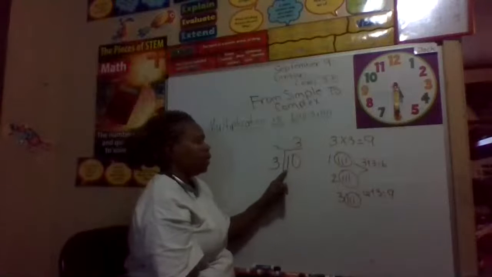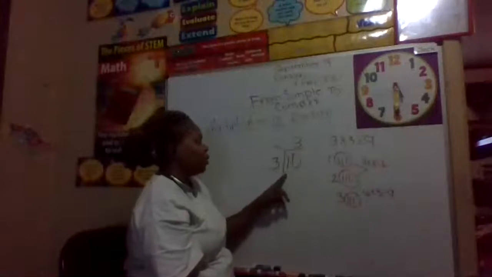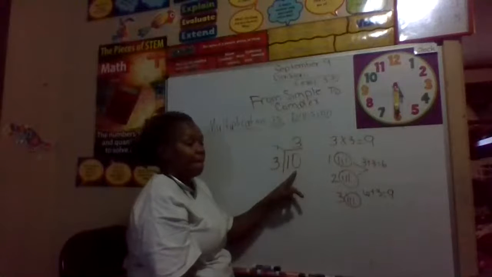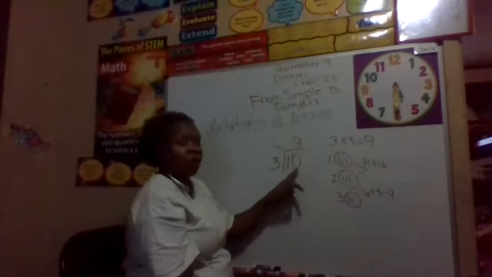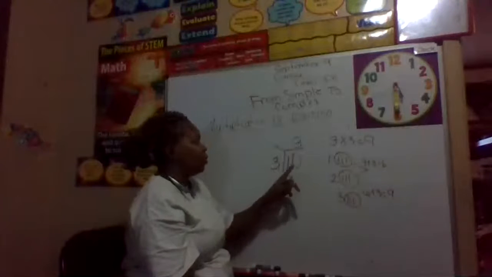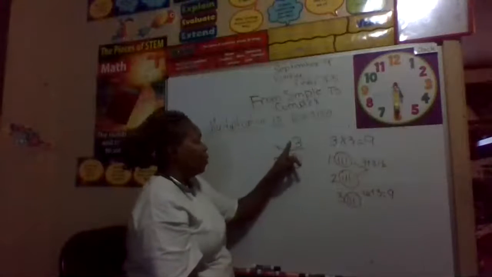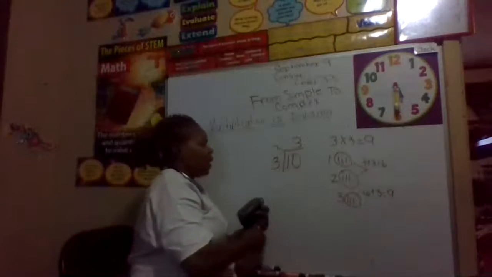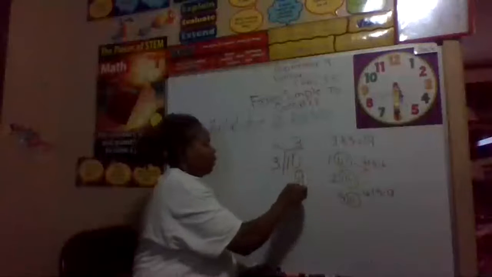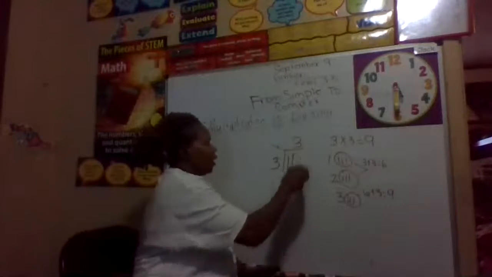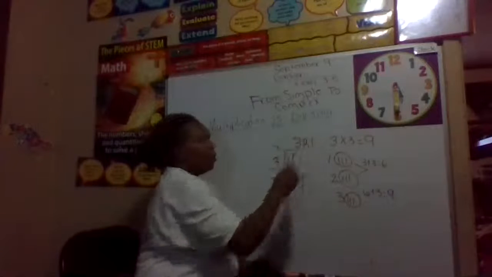We didn't just divide into one number; we divided into the second number, which is the 1s place. We didn't divide a number into the 10s place. We divided a number into the 1s place. So our number goes over the 0. And 3 times 3 is 9. And we'll subtract. So 10 minus 9 is 1. And our remainder is 1.